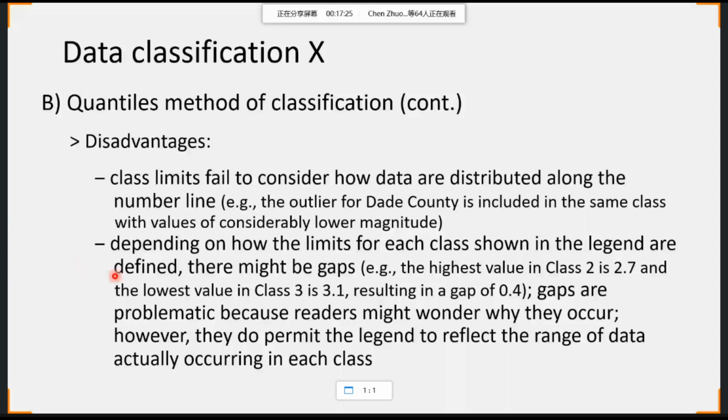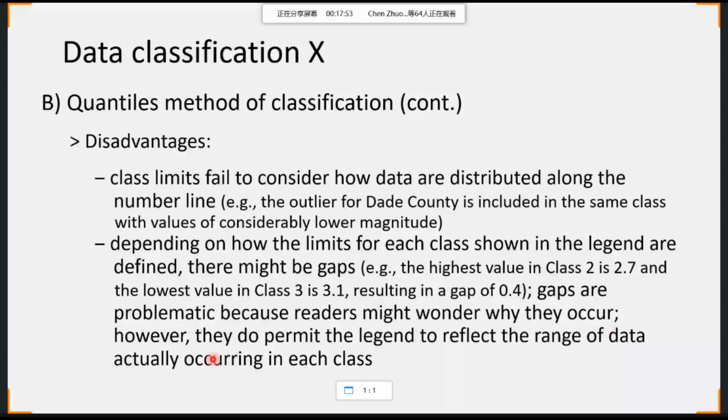For example, the highest value in class 2 is 2.7, and the lowest value in class 3 is 3.1. This results in a gap of 0.4. So I've just talked about that. The gaps are problematic because readers might wonder why they occur. So readers sometimes think, what's going on here? Are some numbers missing, or why is there a gap?